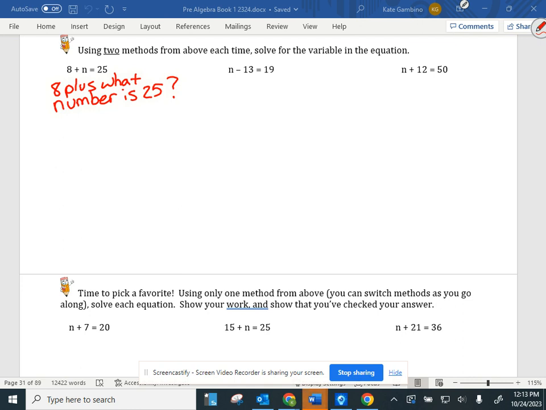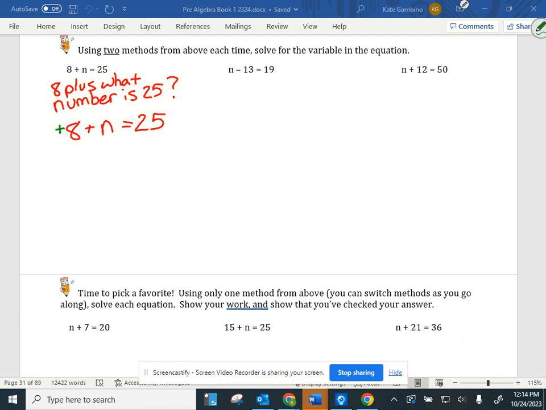How would I do it with the opposite operations? So if I have 8 plus n equals 25, how would I use opposite operations for that? Would you subtract 8 out of 8 and 8 out of 25? Yeah, because this 8, it's a positive 8. Positive is a plus.